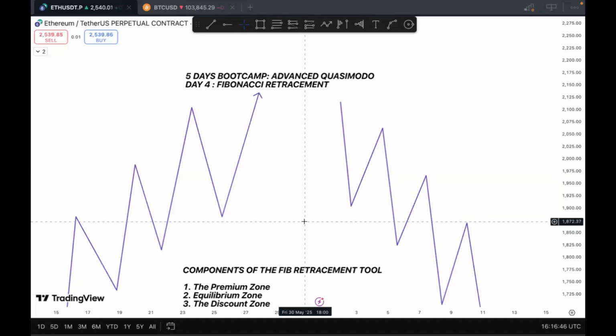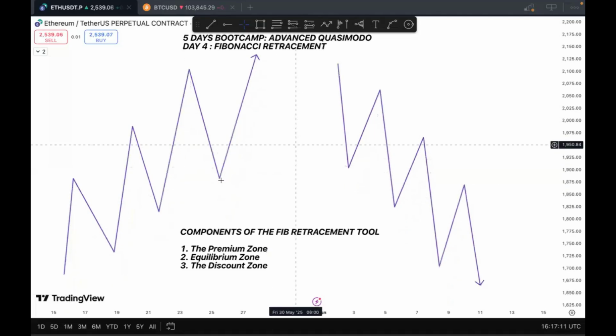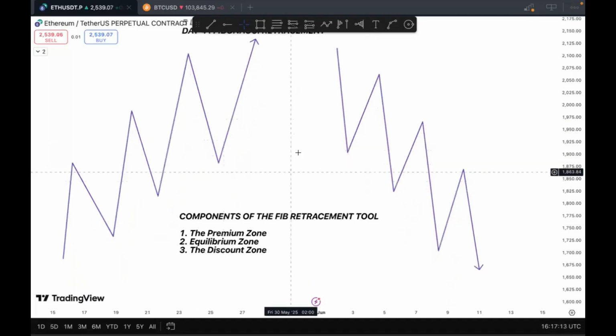And I say we can use the Fibonacci retracement tool for both an uptrend market and a downtrend market. And it's business. Since Forex is a business, people buy low and they sell high. So we have the uptrend and the downtrend.